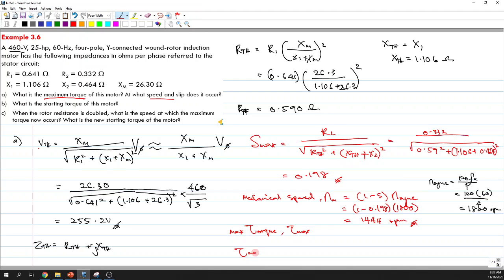T max is equal to, the equation is a bit long, 3 times VTH squared divided by 2 omega sync multiplied by RTH plus the square root of RTH squared plus XTH plus X2, squared.